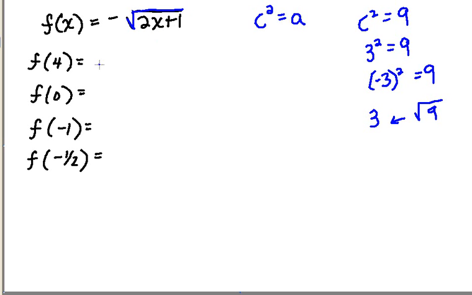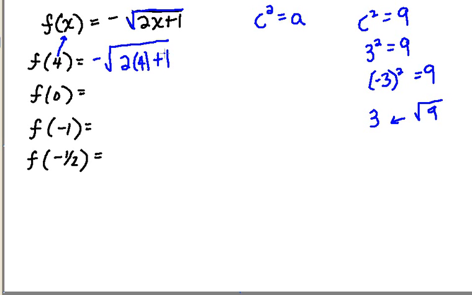And one of the first things we want to be able to do is evaluate our radical expression. So for example here, once again, this is in function notation. I have a 4 in for x, and what this tells me is I go to my function named f. Wherever I have an x, I'm going to plug in a 4. So this becomes minus the square root of 2 times 4 plus 1.